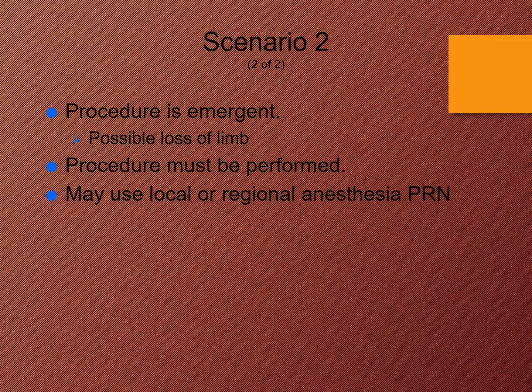This constitutes an emergent procedure. So even though he has that low potassium level, we need to do the surgery, because if we don't do it, there's a good chance that he might lose that limb because there's no blood flow down all the way to his foot. The anesthesiologist may choose to either do a local or regional anesthesia to help offset the risk.